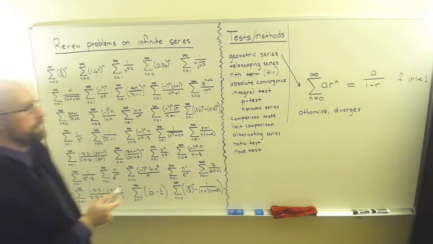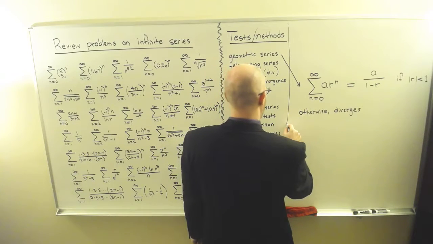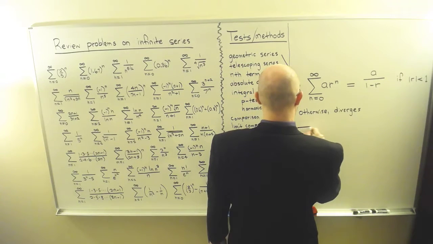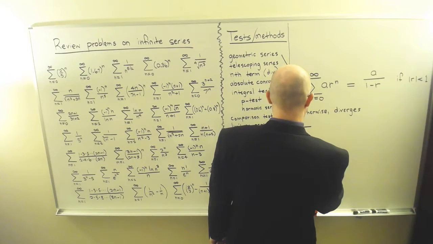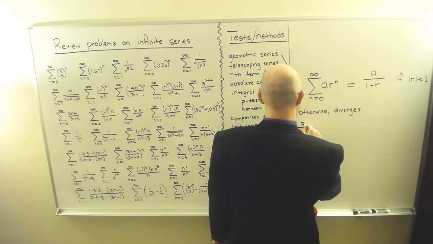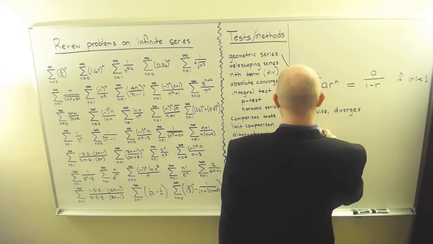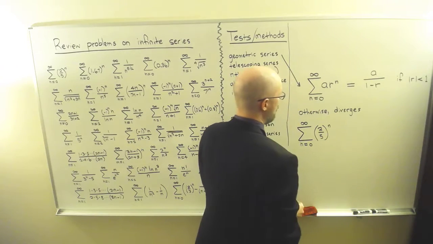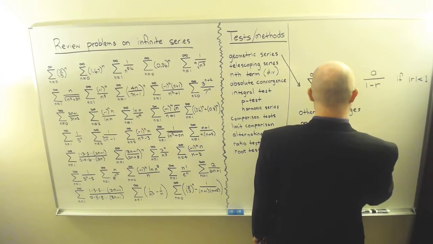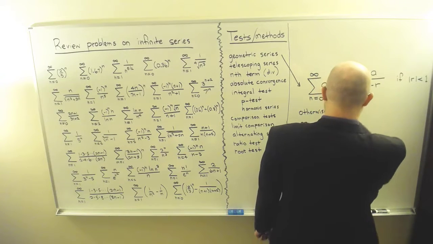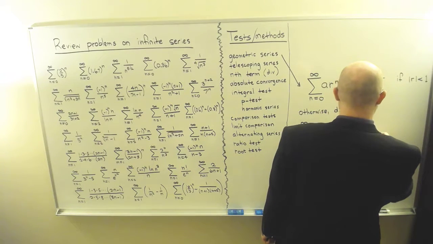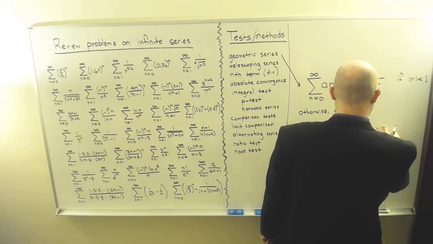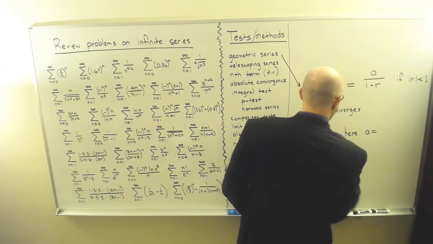Now if I look at this series here, I see that it's of that form, the sum from n equals 0 to infinity, and here I have just 2/5 raised to the n.